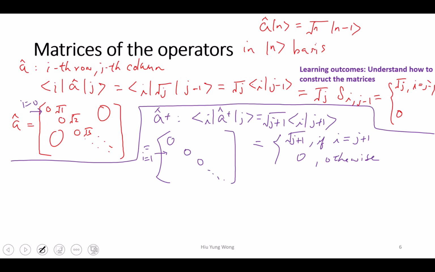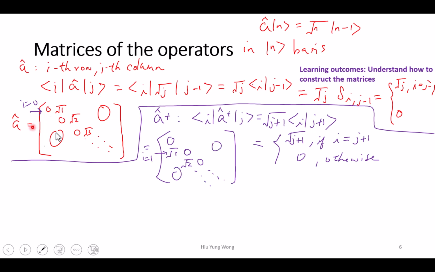So when i equals 1, then j equals 0, correct? When i equals 1, j equals 0. Then it means at this 0 column, I have square root 1. Okay? So I will just keep writing this going down, right?